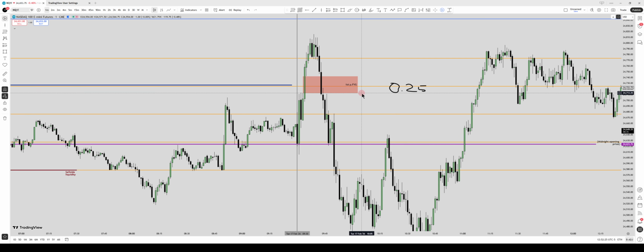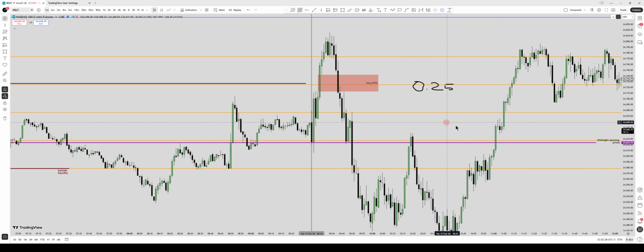So we can see this first presented fair value gap being taken out with what? With a suspension block. How is that a suspension block?